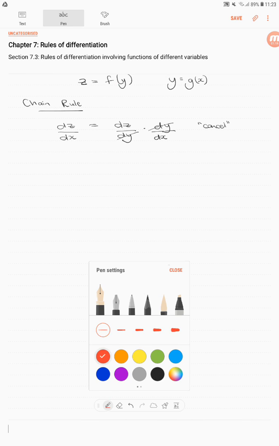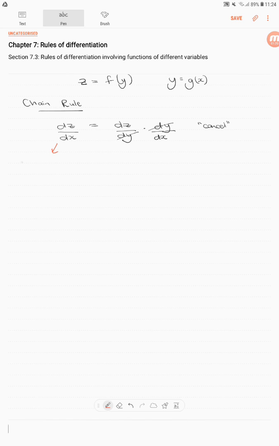What is important to note here is that if it's with regard to x, that means dx, we only want x in the answer, not y.